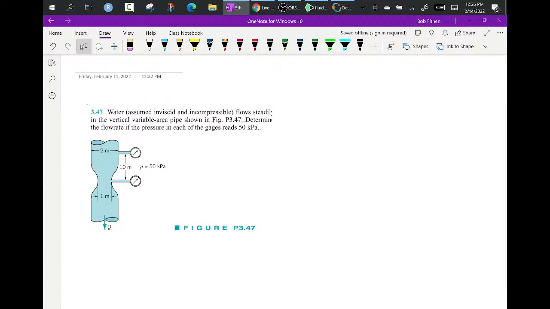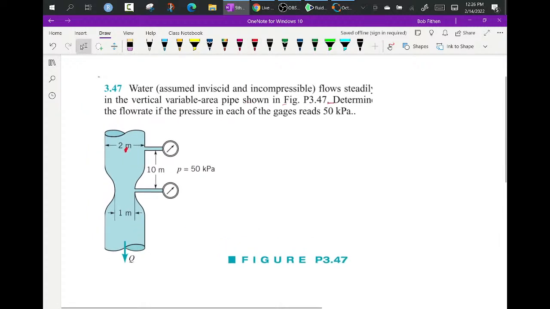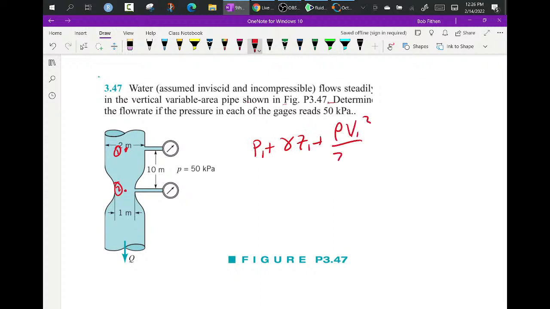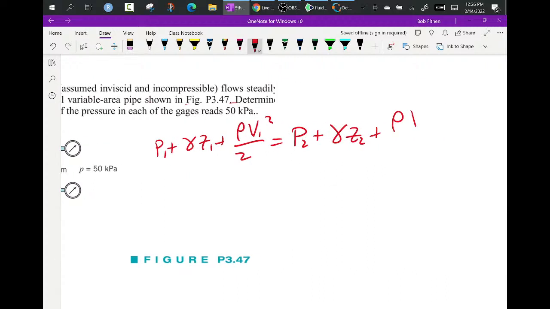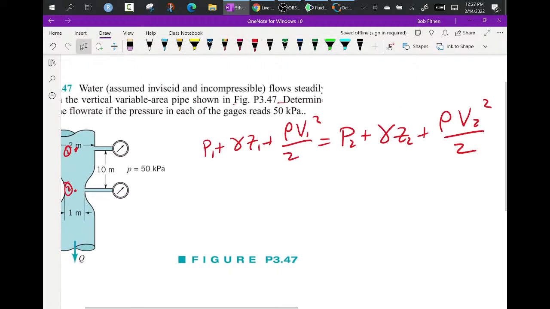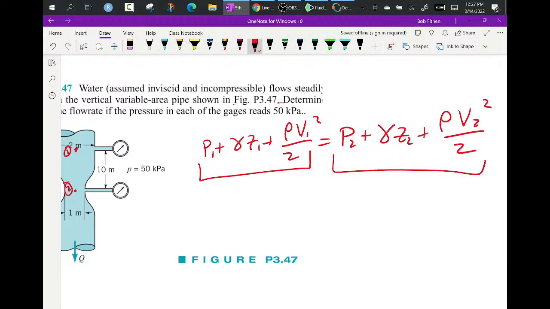Okay, so what you do here is you list location 1, you name it. I'll name this 1 and this 2. P1 plus gamma Z1 plus rho V1 squared over 2 is equal to P2 plus gamma Z2 plus rho V2 squared over 2. No losses, or you would have a different energy at the beginning than at the end, but you don't.